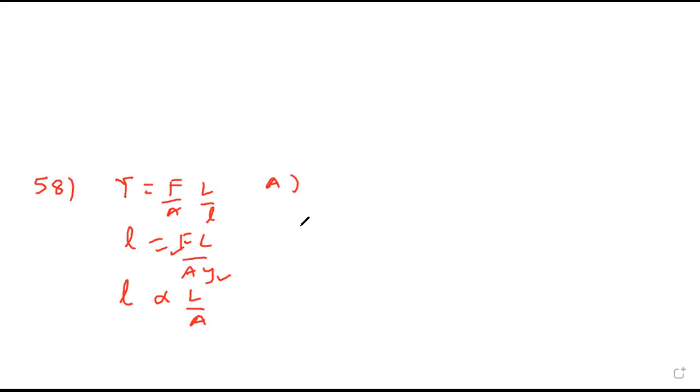Whichever has L upon area maximum will have maximum extension. Area you can write as pi r square, which is the same as taking diameter. So first case length is 300 and diameter is 10. So 10 square, all diameter only I am taking, so it won't make any difference. So it is 3 here.